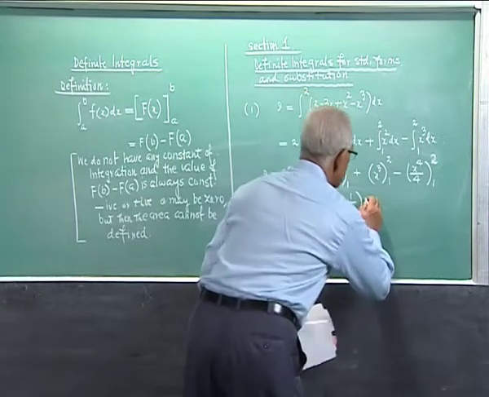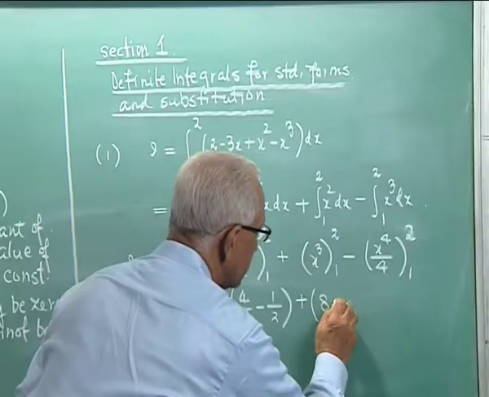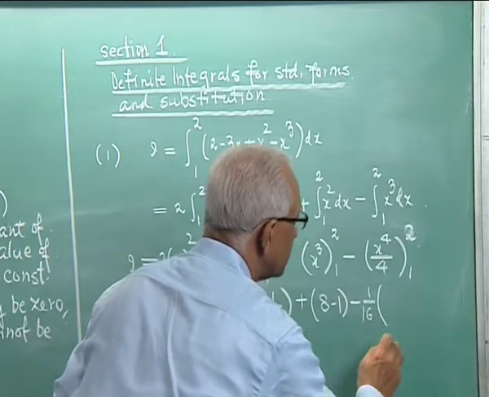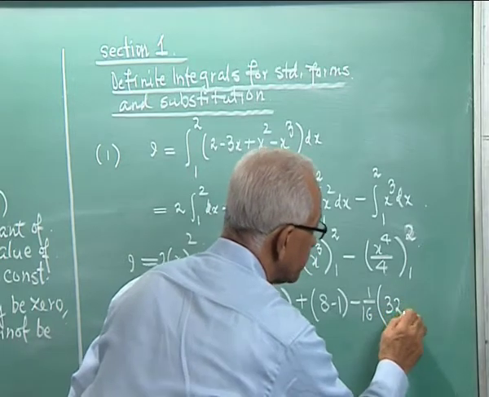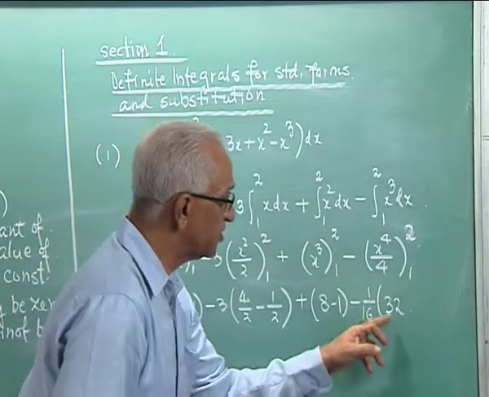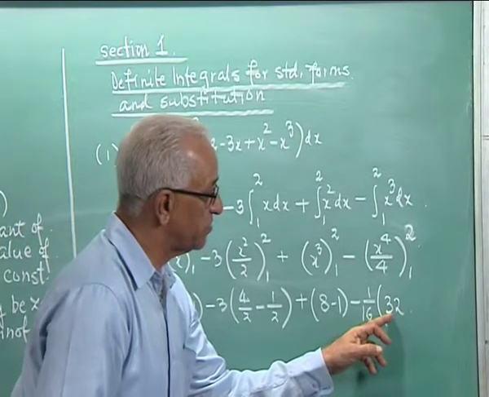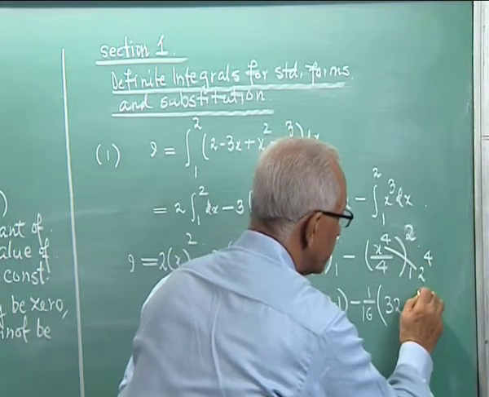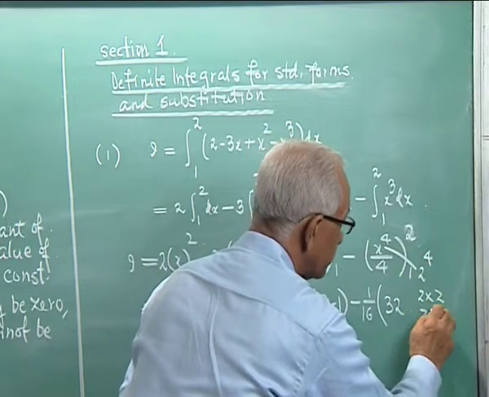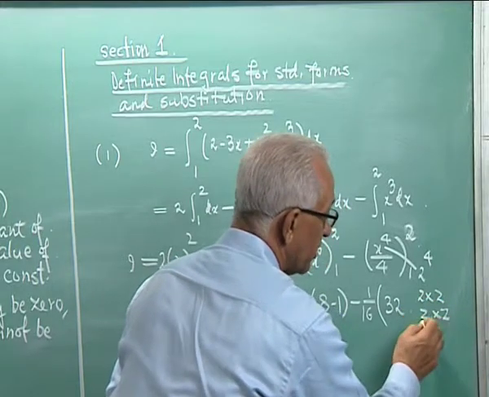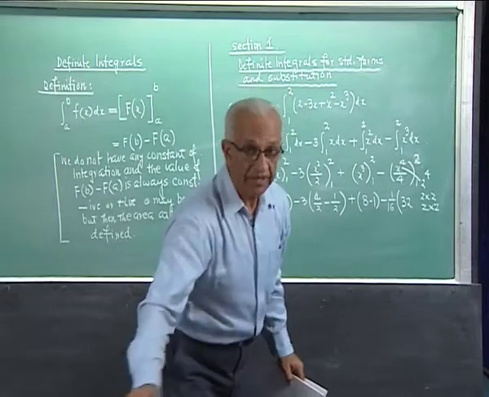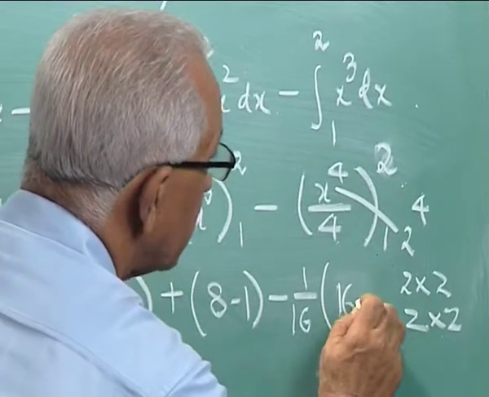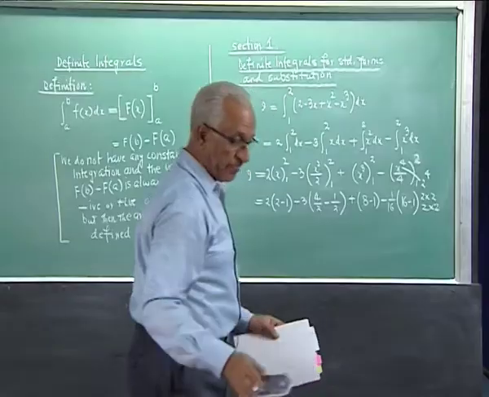Plus x cube, meaning 8 minus 1, over 3, minus 16 minus 1 over 4. Here 2 to the power 4 is 16, so 16 minus 1.